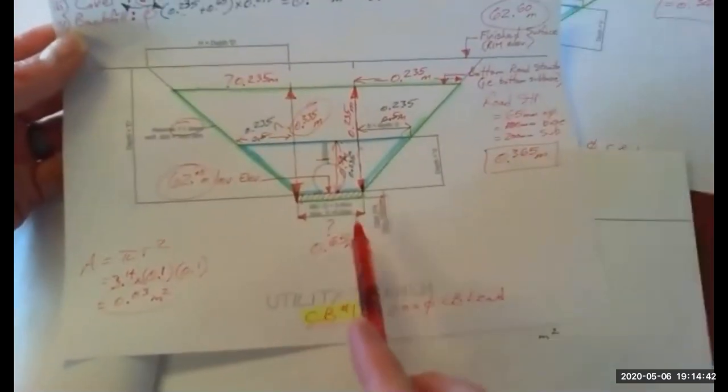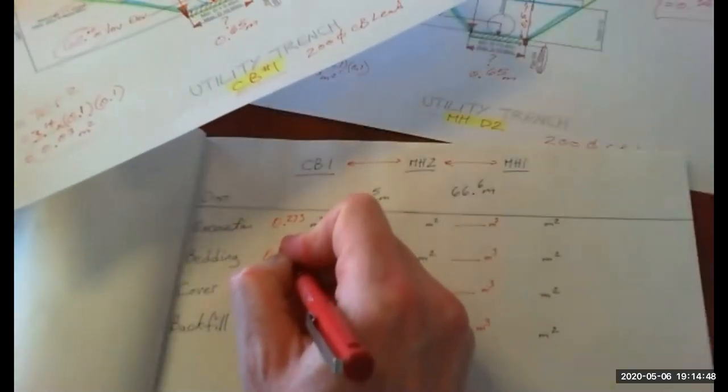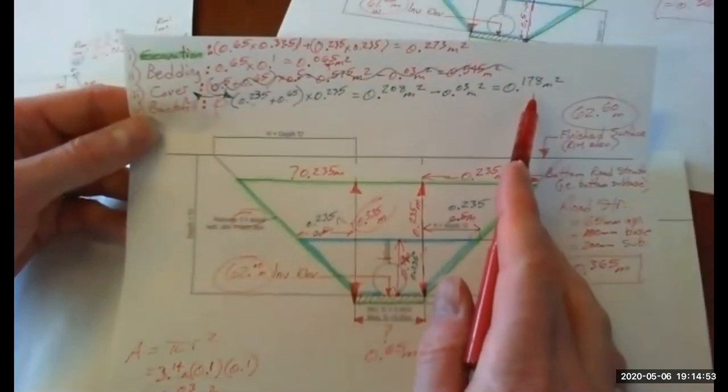From our first calculation, our excavation end area was 0.273. The bedding, this area down here, was 0.065. The cover was 0.178. And there was no backfill at the catch basin cross section.